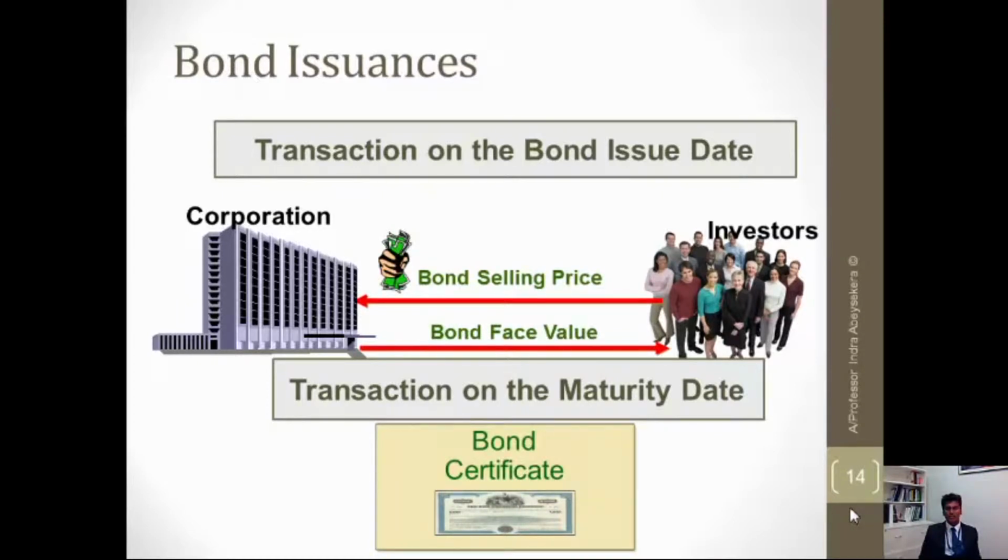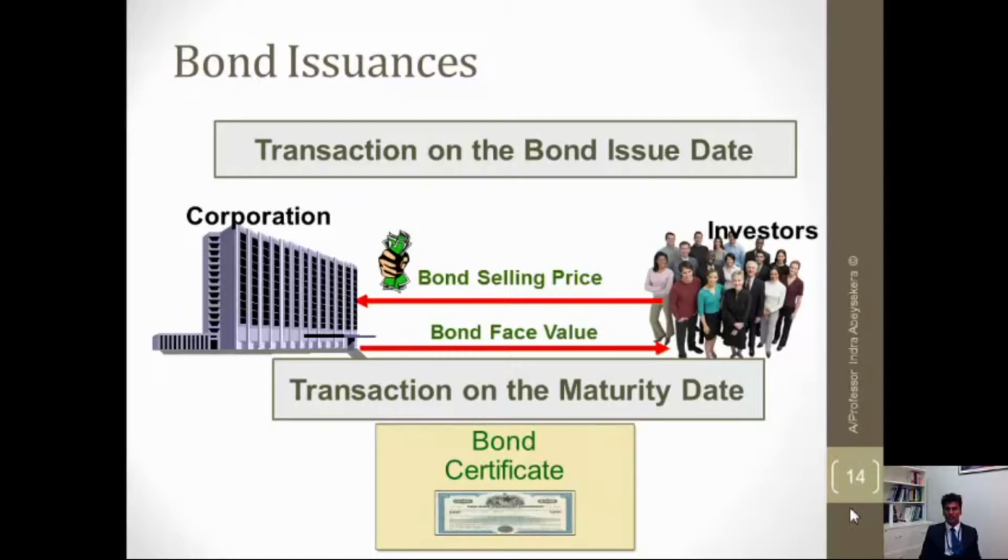So here's an example. A bond is issued and there's a bond certificate given to investors, and the company receives the bond selling price as cash. After the agreed period, the bond has to be settled.